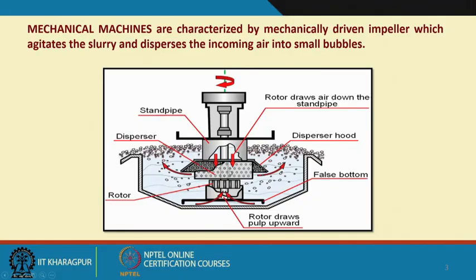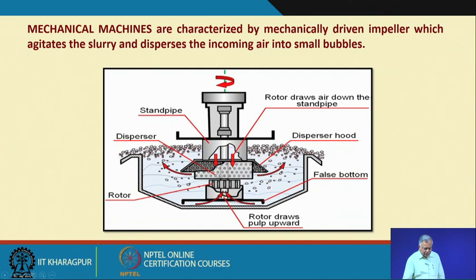Like if I take a bucket of water and dip my hand into that, and then rotate that water, you will find that the entire thing tries to go up. Along with that you have a disperser, and you are generating the bubbles and it disperses the bubbles also inside that.